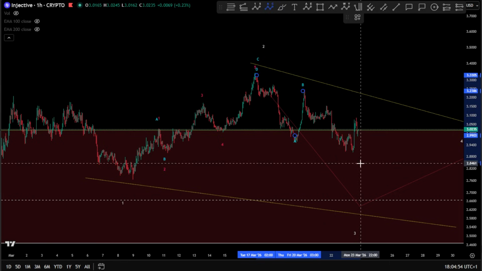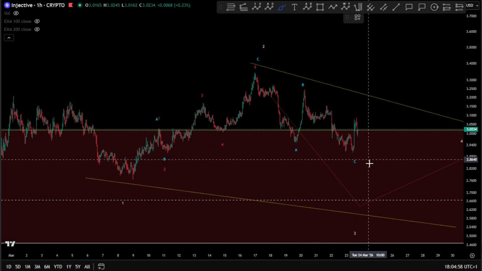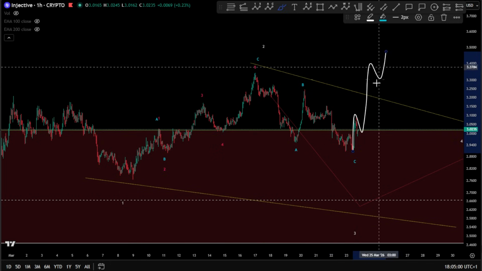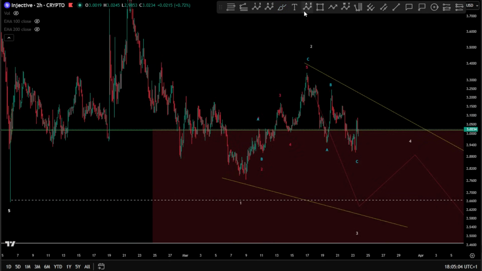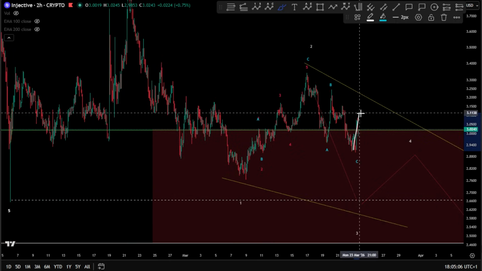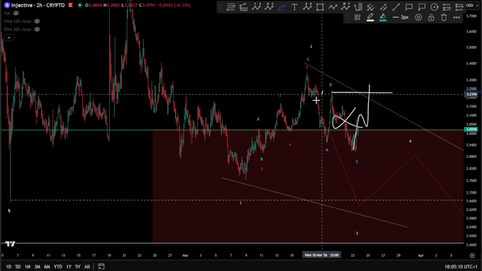We finished an A, B, and a C zigzag toward the downside, and of course a signal of strength, very impulsive, 1, 2, 3, 4, and a 5. So very bullish, I would say, so far, and especially if this impulse is going to get at least a zigzag, you're going to take the high, invalidation of 1, 2, invalidation of double 1, 2.